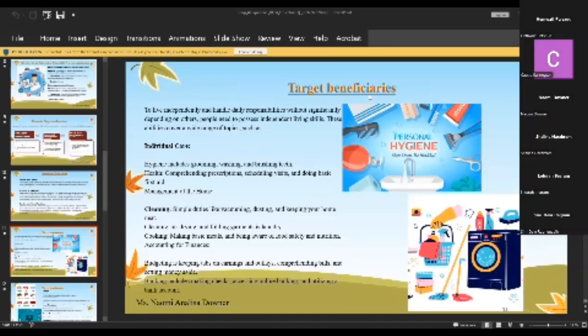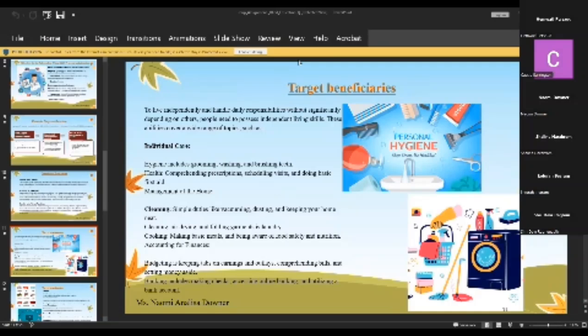Independent living skills. To live independently and to handle daily responsibilities without significantly depending on others, people need to possess independent living skills.